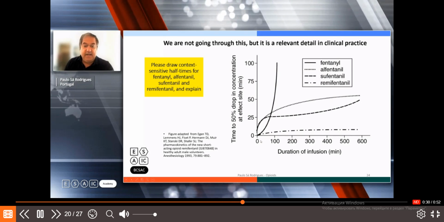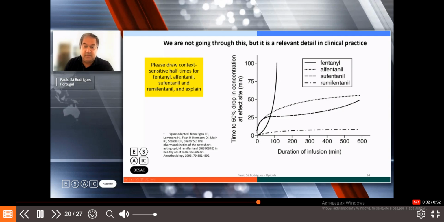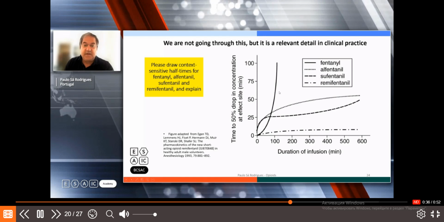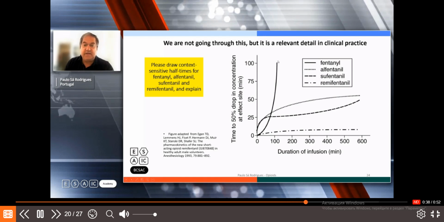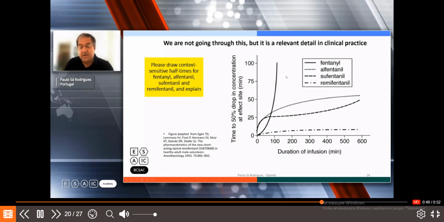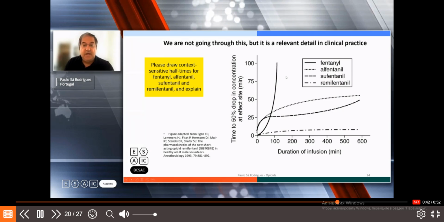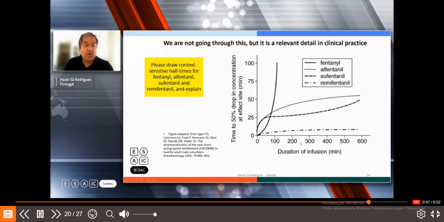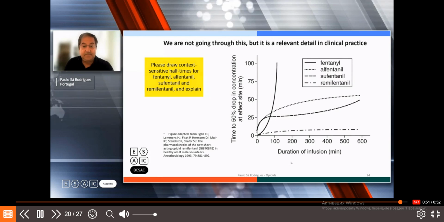And indeed, very contrary to remifentanil, the ones such as fentanyl accumulate with time, due to their pharmacokinetic properties, and you will have to explain why.